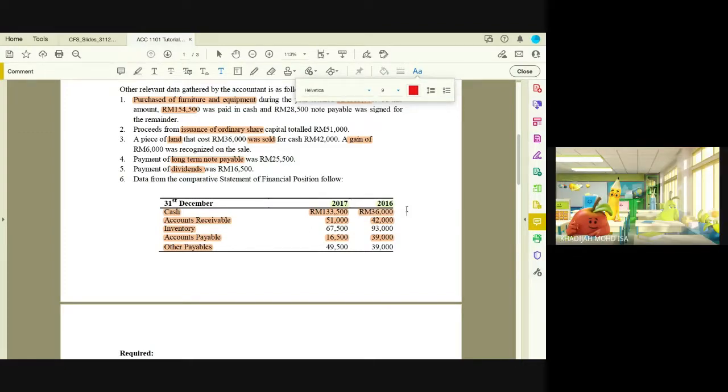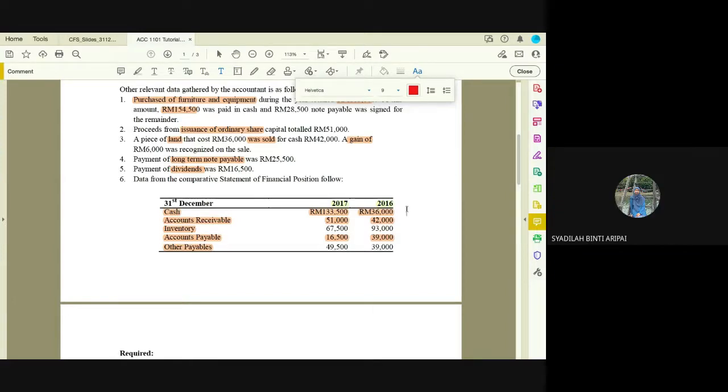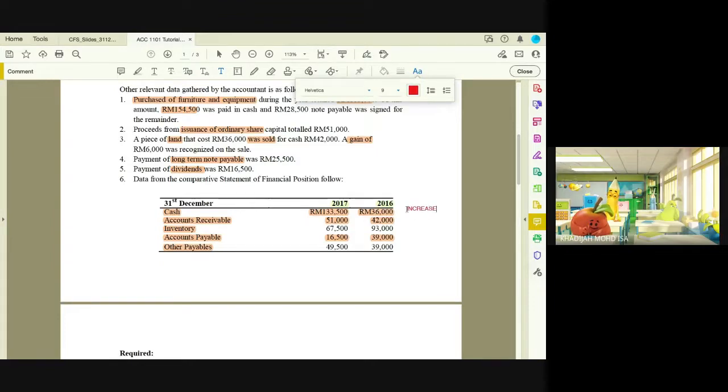Decrease. Are you sure? If the 2016 balance is 36,000, but in 2017 it is 133,000, increase or decrease? Increase. It's an increase. But what about your accounts receivable? Same, it's an increase, because the 2016 balance is 42,000 and 2017 increased to 51,000. So that's an increase here. What about your inventory?